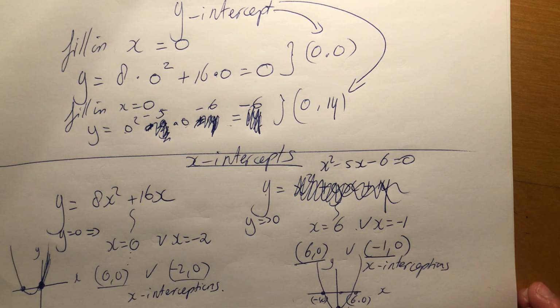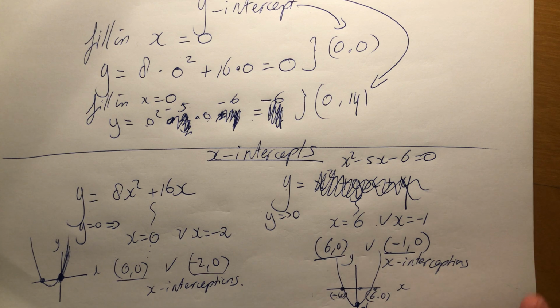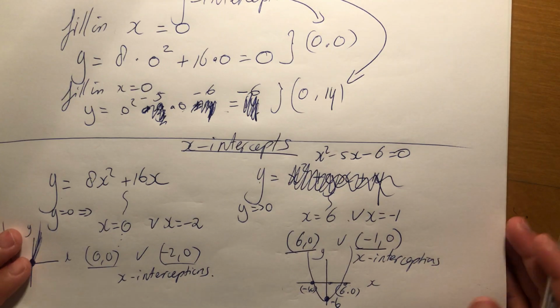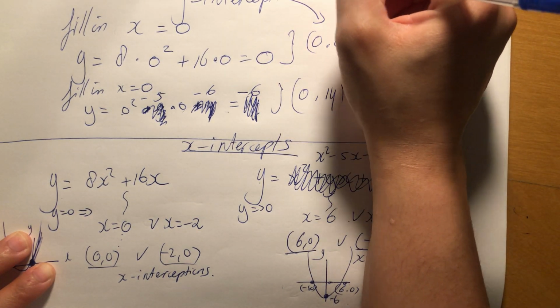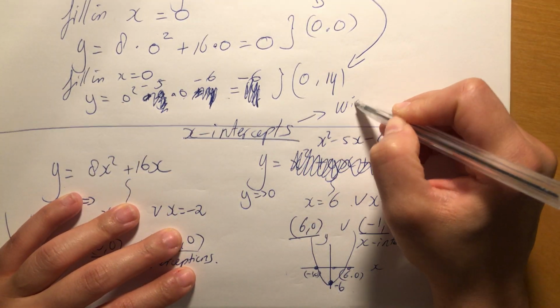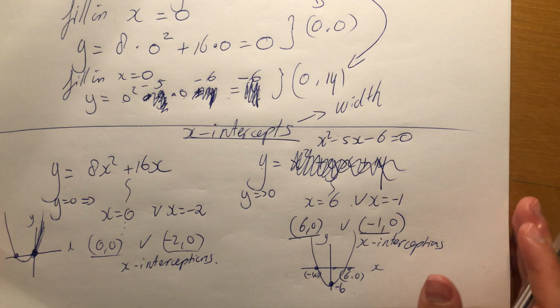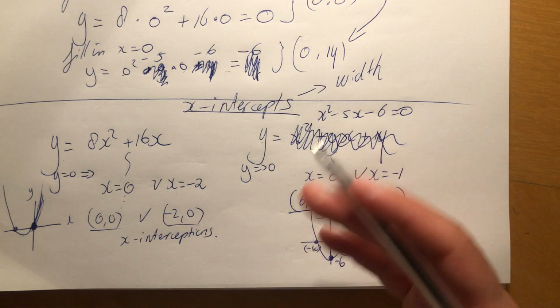Therefore, we can finish with 3.2. Remember that also when you're working on a graph, a bridge, something like that, y-interceptions are often for the height of a bridge or a tunnel or whatever. And x-interceptions are always about a width, the width of a tunnel, the width of something, the starting point, whatever.